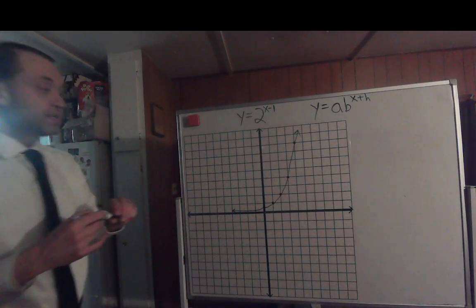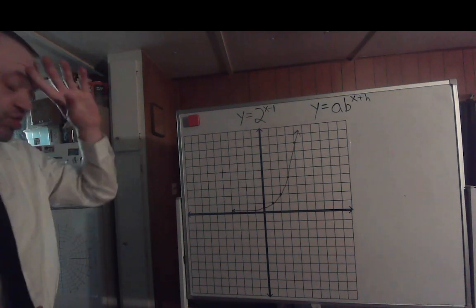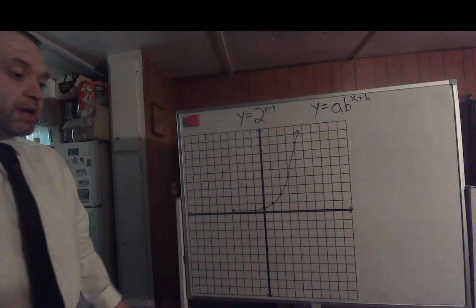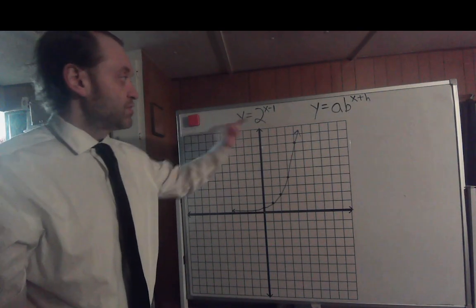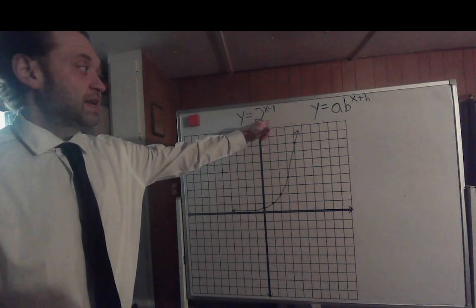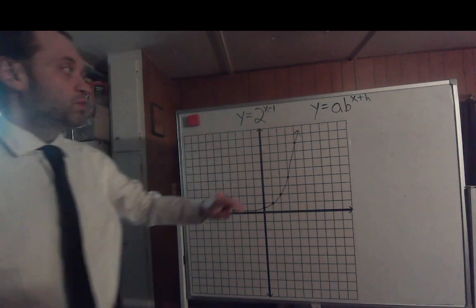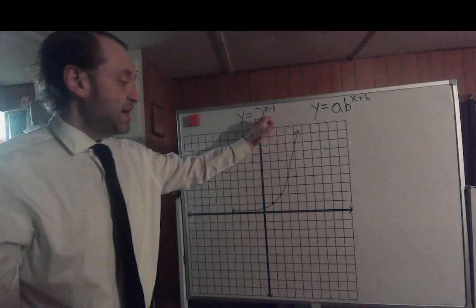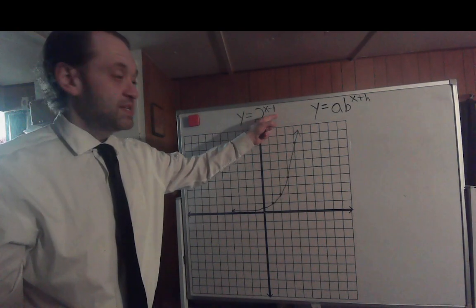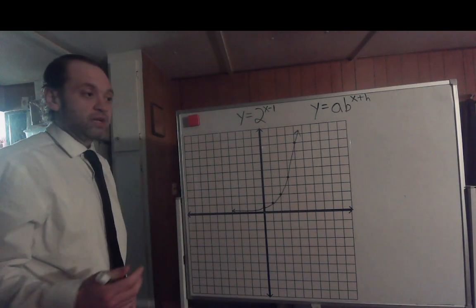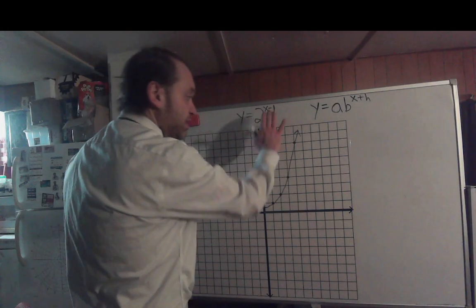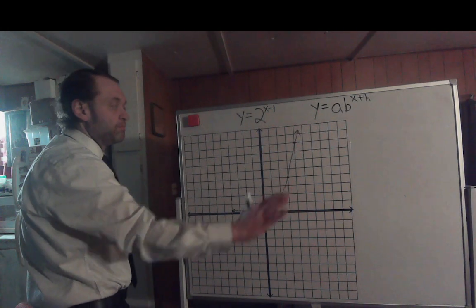Alright, so we still get that same exponential shape, but this is a shift either right or left however many units. So I've shifted my x values 1 unit to the right in this case when you have x minus 1, right? If I set x minus 1 equal to 0, I'm shifting everything 1 unit to the right.